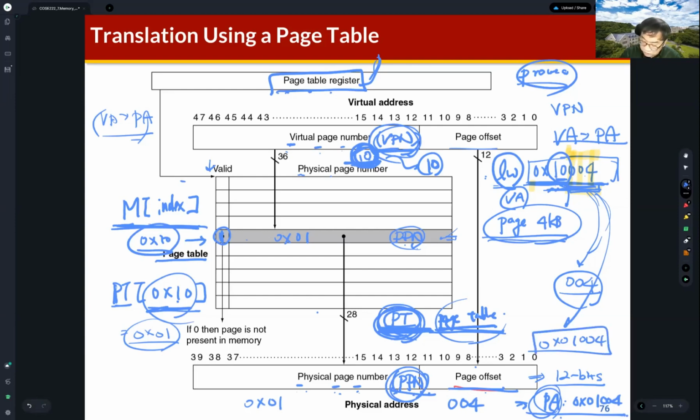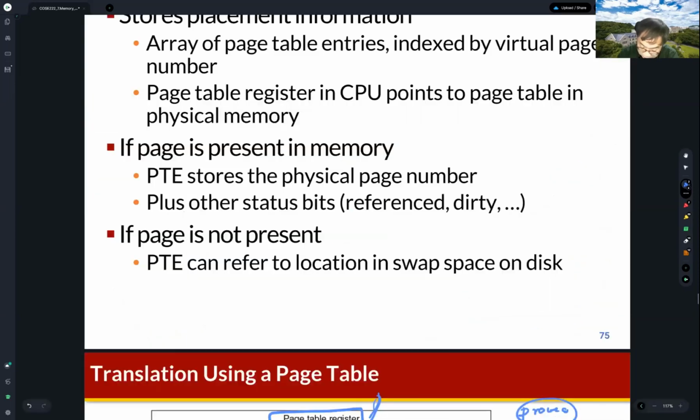Using this physical address, we can access the RAM. DRAM means that it's the real main memory. That's how the virtual address is translated into the physical address.